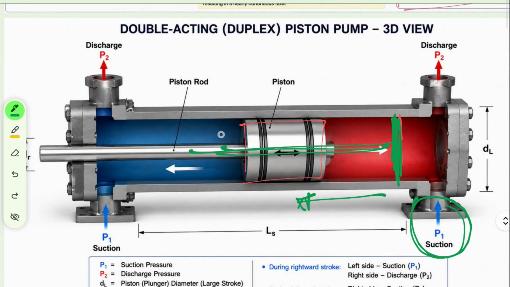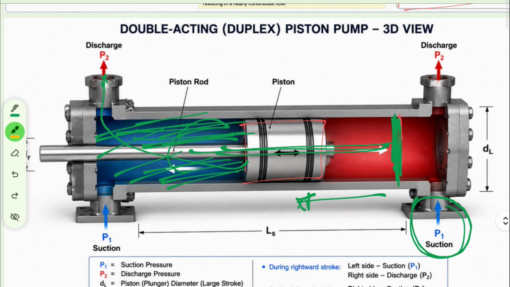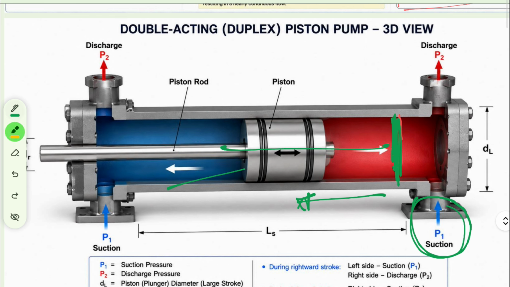At the same time, the fluid which is present on this side is going to discharge, because they will sweep all the fluid present over here.